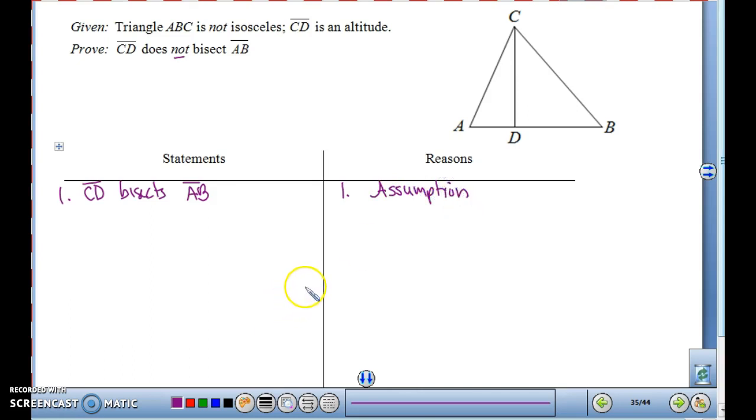By making that assumption, if CD bisects AB, here's CD, here's AB, I can say that these two segments are congruent. Even though they don't look like they are, based on our assumption, we're thinking they are. So AD is congruent to BD, because a bisector divides a segment into two congruent segments, just like we normally would.